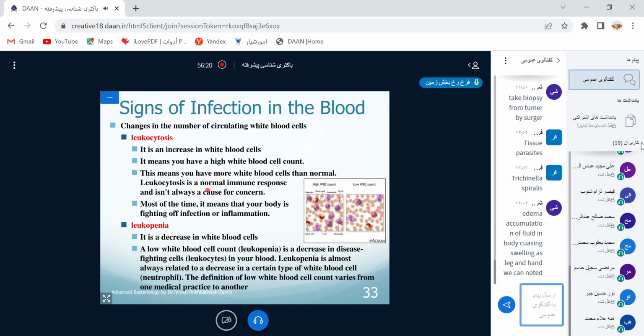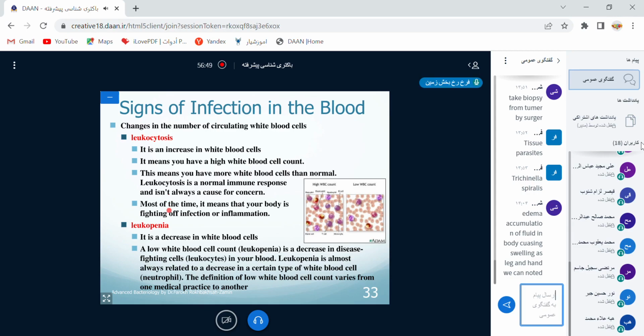Leukocytosis is a normal immune response. So normally after any infection, the number of leukocytes is more than normal and isn't always a cause for concern. After the infection finishes, after some time, they again come to normal.